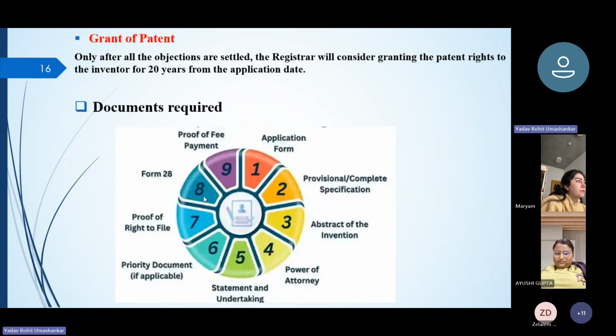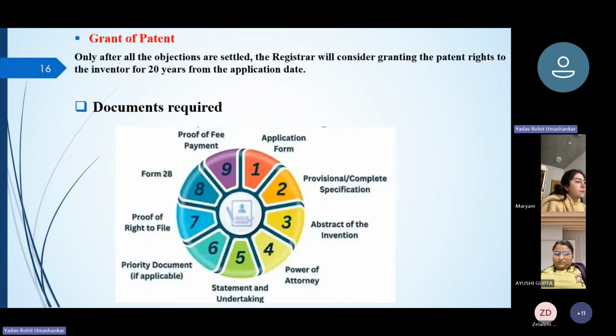Proof of right to file is generally given by the court, showing that you have the right to file the patent.